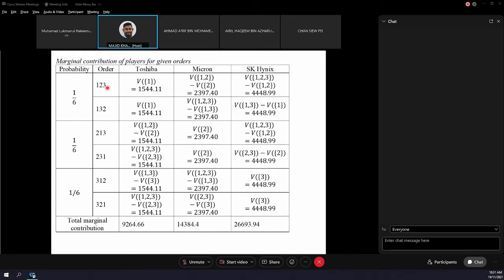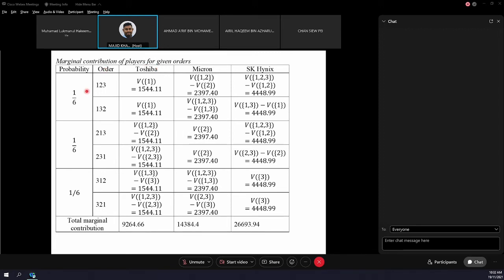So what we'll do is start from the first player. Here, Toshiba, Micron, and SK Hynix: Toshiba refers to player number 1, Micron refers to player number 2, SK Hynix refers to player number 3. I took this example from my master's research thesis.